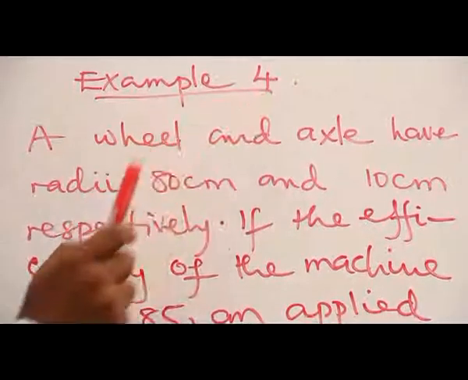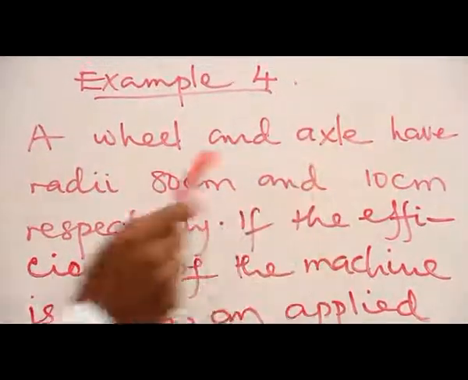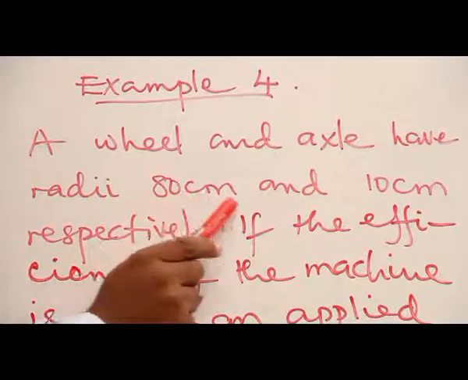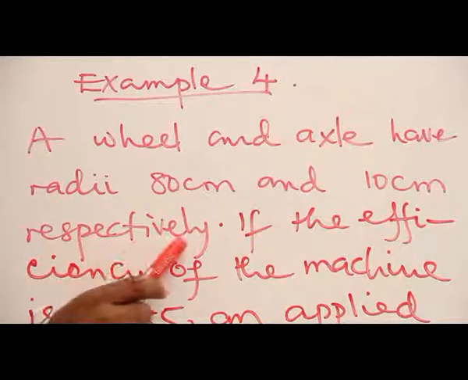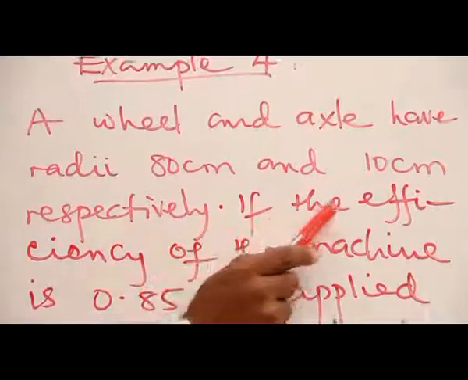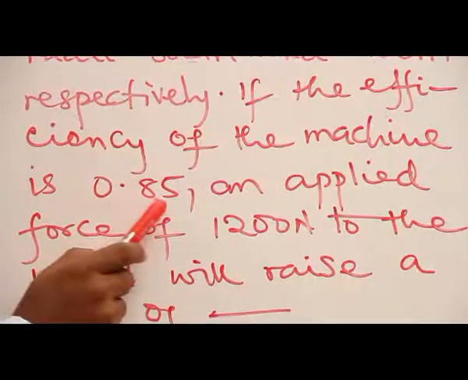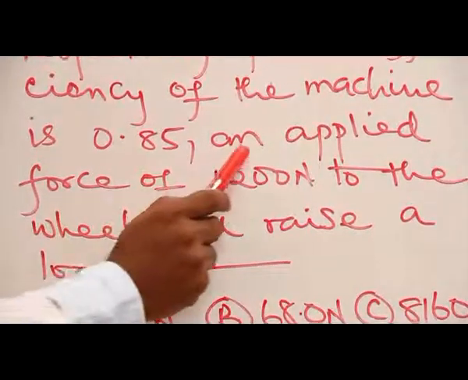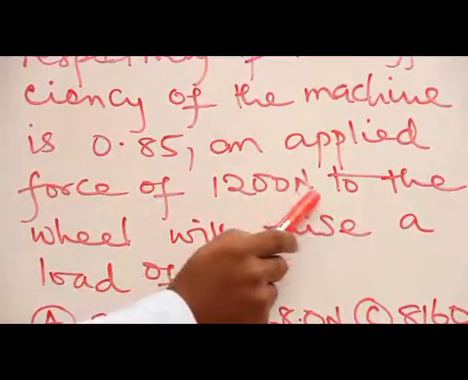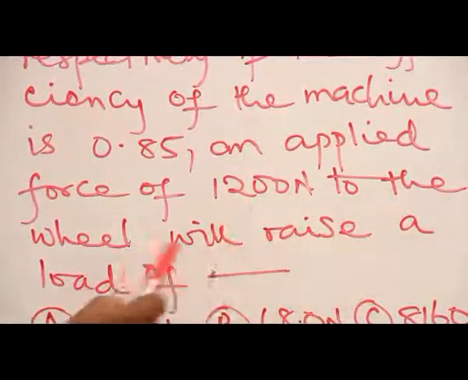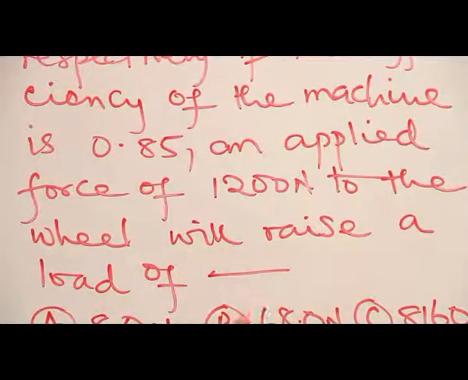Example 4. A wheel and axle have radii 80 centimeters and 10 centimeters respectively. If the efficiency of the machine is 0.85, an applied force of 1,200 Newton to the wheel will raise a load of dash.